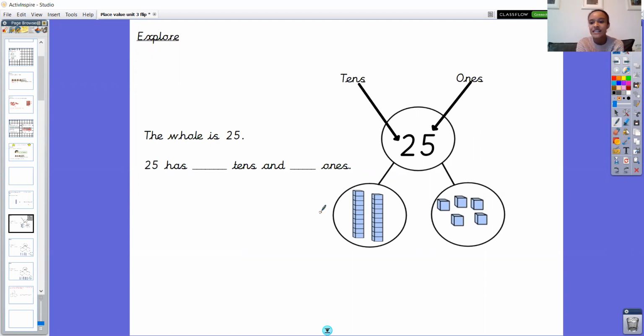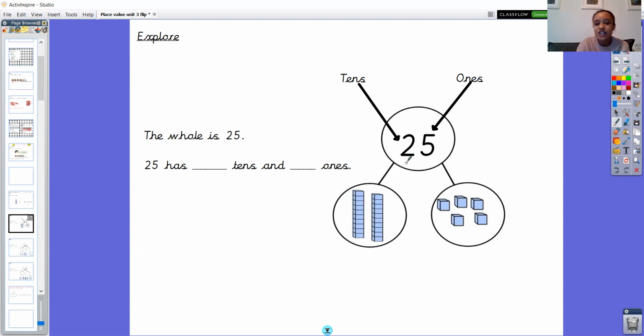So can you remember doing this before in our last place value unit? We split this number up into its tens and its ones, and we represented that by using Dienes. So do you remember doing that? So if you look at my number 25, I've got some arrows, some clues here to help us. So the first one's saying tens and the second one's saying ones. So the first number is representing my 10.